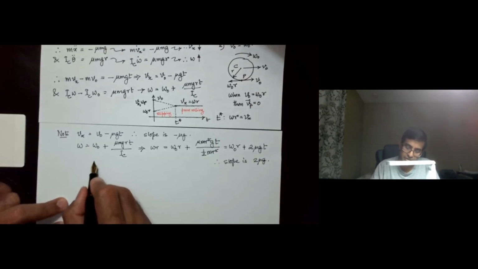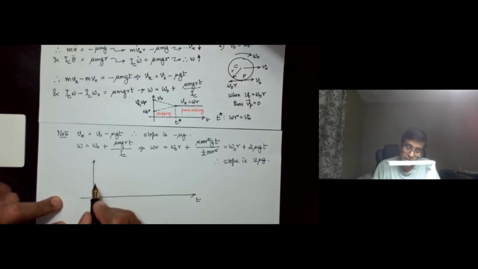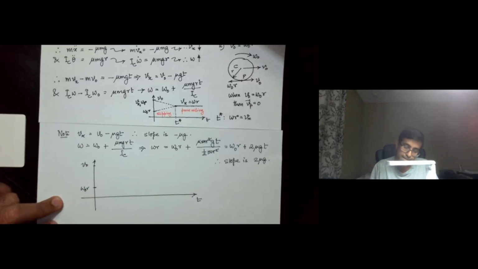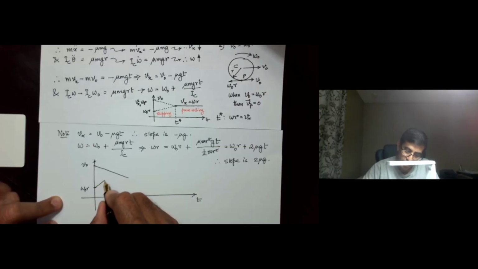So if we sketched, or if we plotted the translational velocity and the rotational velocity of the disk of the cylinder, and let's say, because in this case we are starting off with V naught greater than omega naught r, if this drops by a slope like this, the other will have a slope greater, it's going to have 2 times the slope.